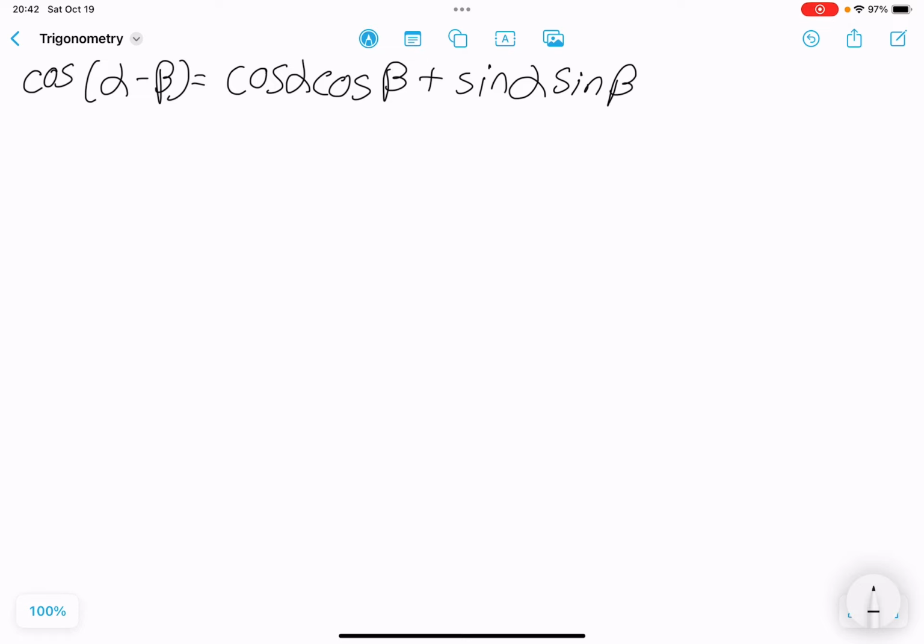Okay, so let's try some values. Let's try cosine 15 degrees.